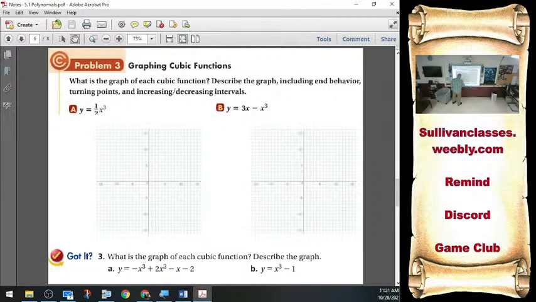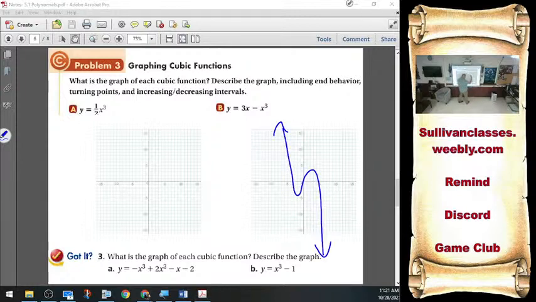So, I'm assuming you all got the thing. You graphed it. Describe the graph, including end behavior, turning points, and increase and decrease intervals. If I got something like this, I'm just winging it. End behavior: as x approaches negative infinity, what is y doing? To infinity.